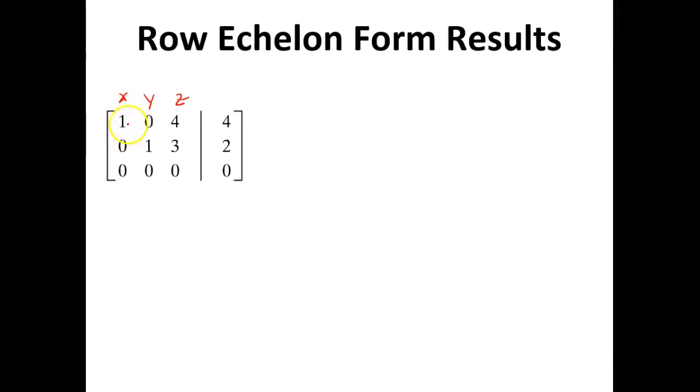Right here, this 1 would be x plus the 4z is equal to 4. That's what this first row tells us. The second one tells us that 1y plus 3z's is equal to 2. Notice how here z is 0, but 0 is equal to 0.